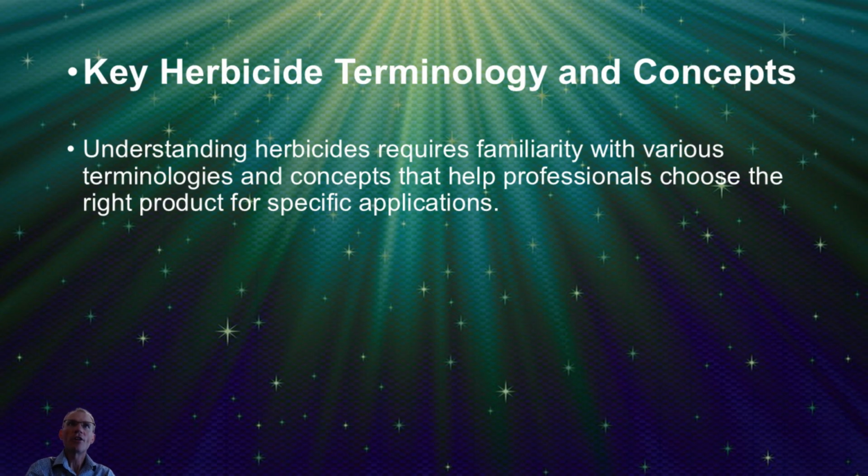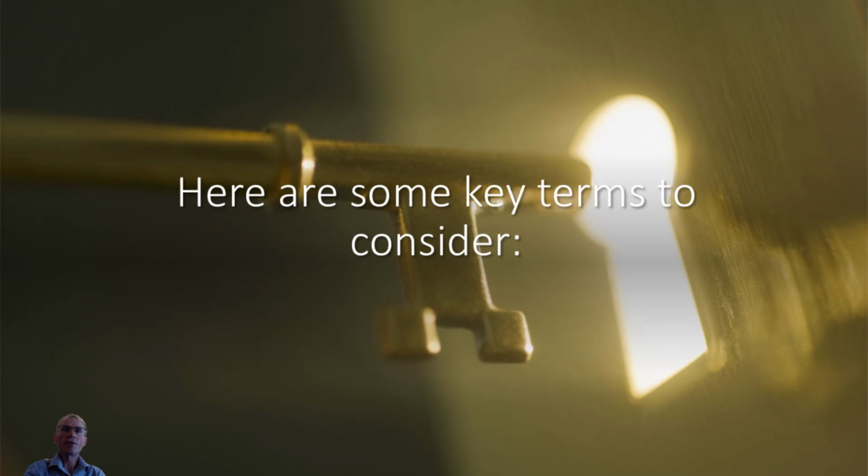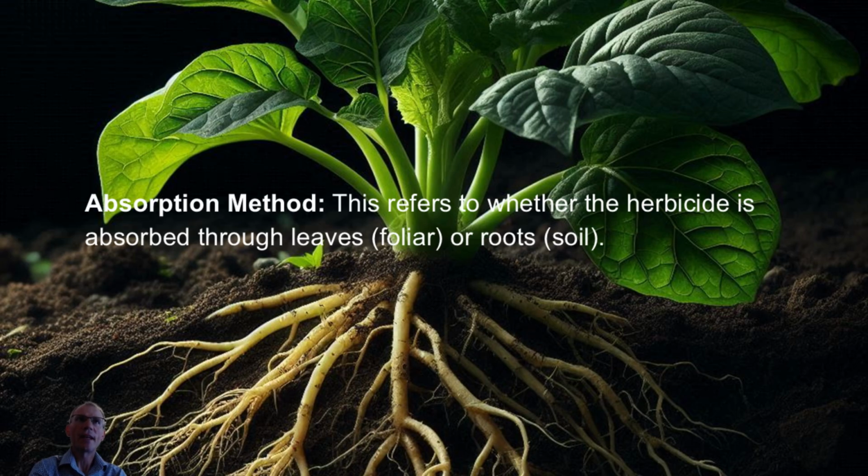Key herbicide terminology and concepts. Understanding herbicides requires familiarity with various terminologies and concepts that help professionals choose the right product for specific applications. Here are some key terms to consider. Absorption method. This refers to whether the herbicide is absorbed through leaves, foliar, or roots, soil.